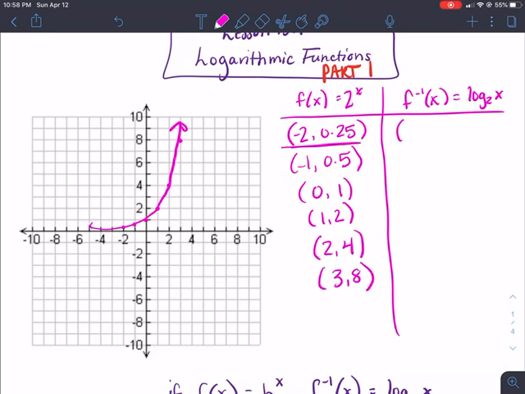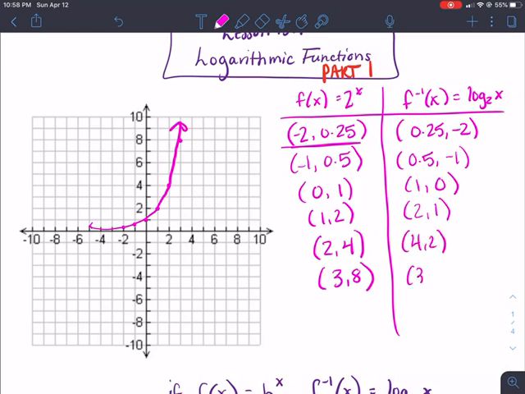this set of points reversed. So it's going to be 0.25 comma negative 2, 0.5 comma negative 1, 1 comma 0, 2 comma 1, 4 comma 2, and 8 comma 3. Okay, so I'm just going to go on my graph and put it on here.